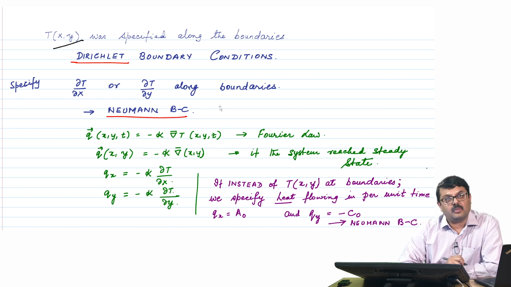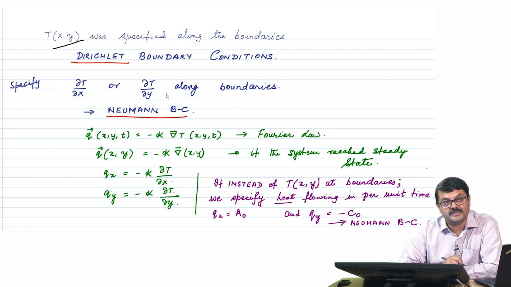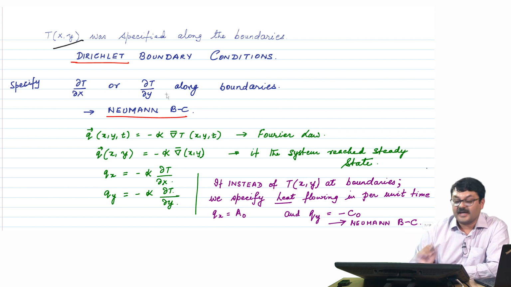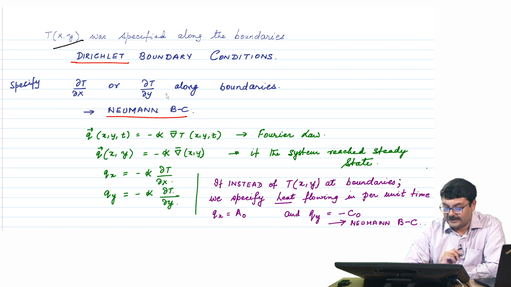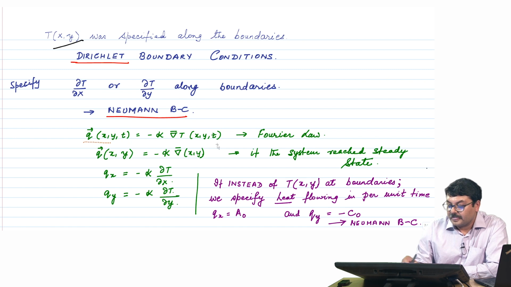Now, what does it mean to specify dT/dx or the gradient, the first derivative of the field we are solving for, at the boundaries? What does the Neumann boundary condition imply? In our case, it would imply that we are actually specifying the heat current. Why is that? Let me remind you about Fourier's law, which we discussed in the last class.